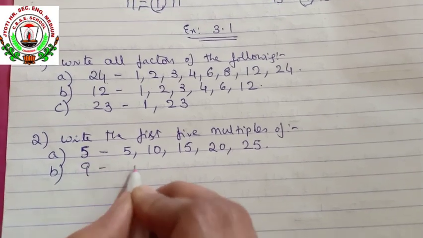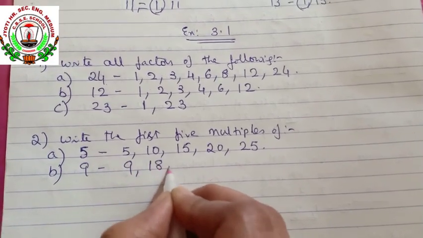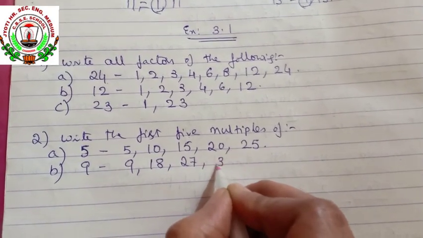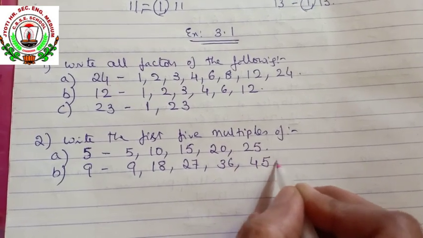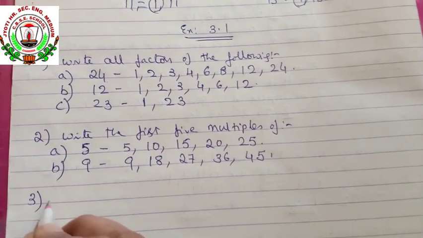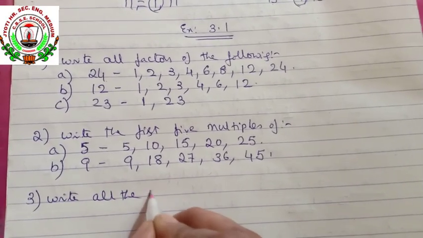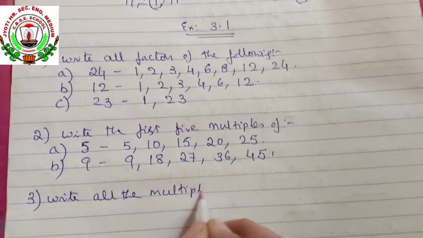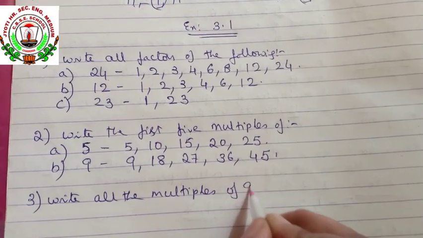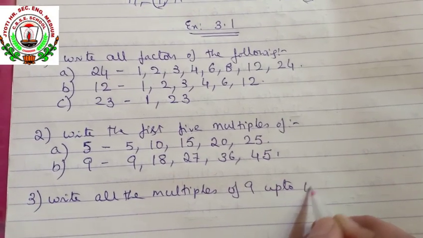Next one is 9: 9, 18, 27, 36, 45. Next, the third question, write all the multiples of 9 up to 100.